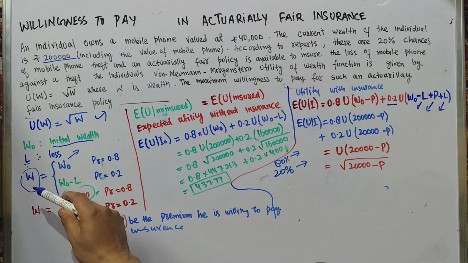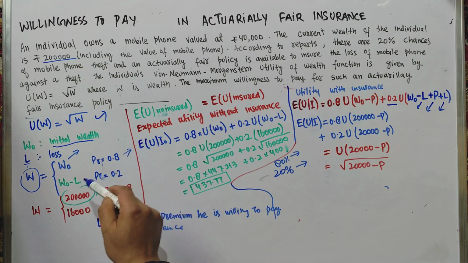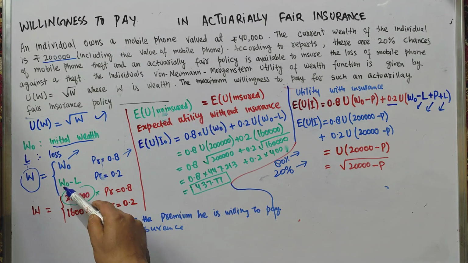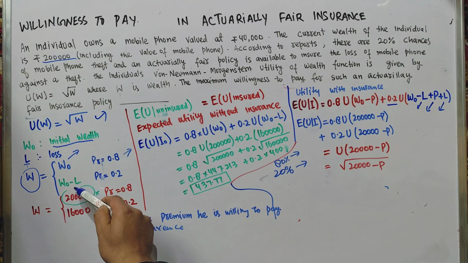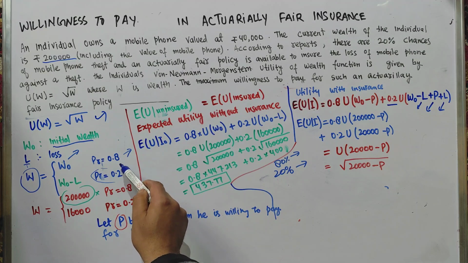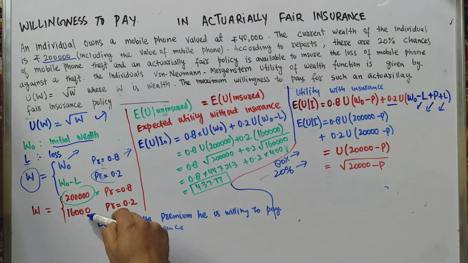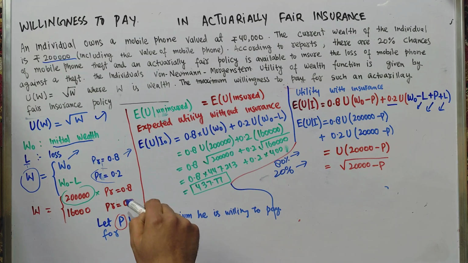So wealth will be equal to the initial wealth with probability 80%, and wealth will be the initial wealth minus the mobile loss, 2 lakh minus 40,000, with probability 20%. So wealth will be equal to 2 lakh with probability 0.8 and 1 lakh 60,000 with probability 0.2.